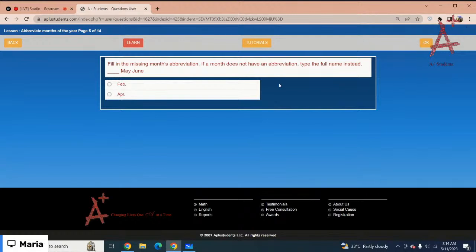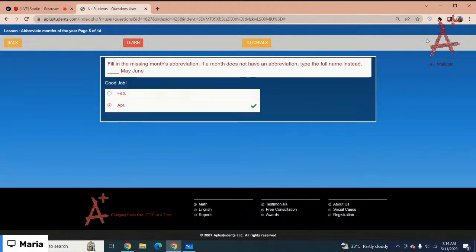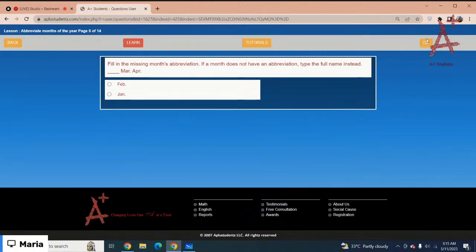Got it? Which is the month before March? It would be Feb. Before March, it would be February.